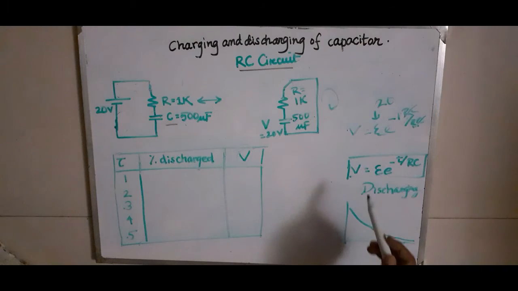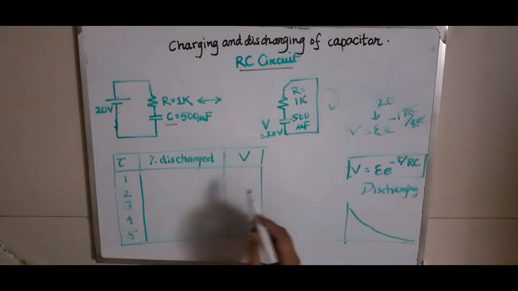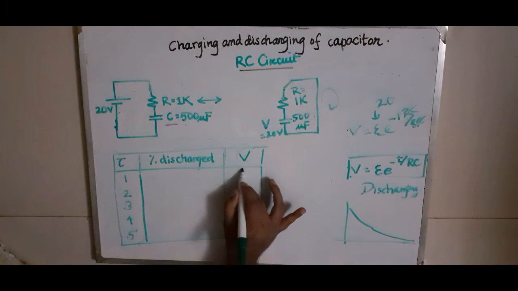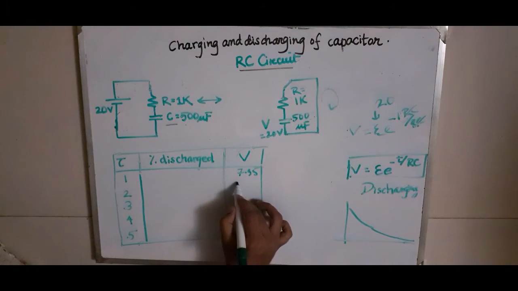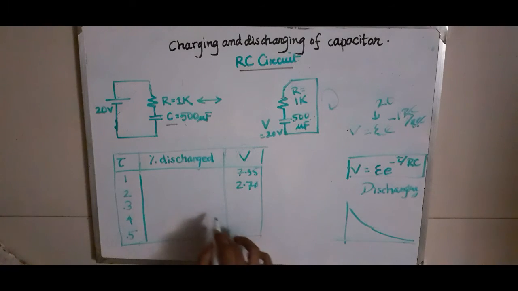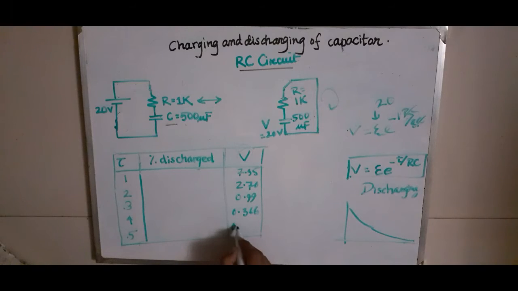So 20 e to the power minus 1 gives us 7.35. After 2 time constants, it will become 2.70. After 3 time constants, 0.99. After 4 time constants, 0.366. After 5 time constants, it will become 0.134.